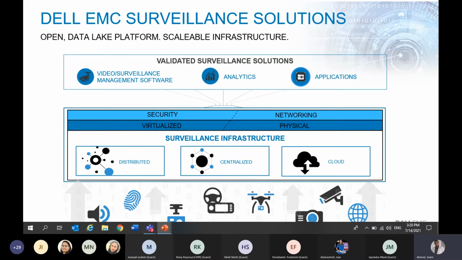The key point you can focus on with your customer is that whether your system is distributed, centralized, or cloud-based, Dell EMC can still give you the whole three things: the open platform, the scalable infrastructure, and the reliability. So there's no restriction on the system design architecture type, whether distributed, centralized, or cloud. You can gain the whole benefits from open and scalable infrastructure.